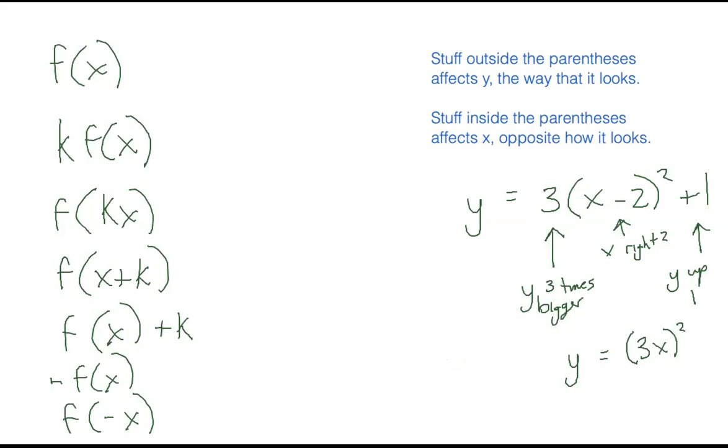So this looks like we're multiplying y by something, and we are. y is multiplied by k. So how do we want to say that? I guess vertical stretch is really what we should say. And again, the way that it looks, if k is a big number, then it gets stretched higher.